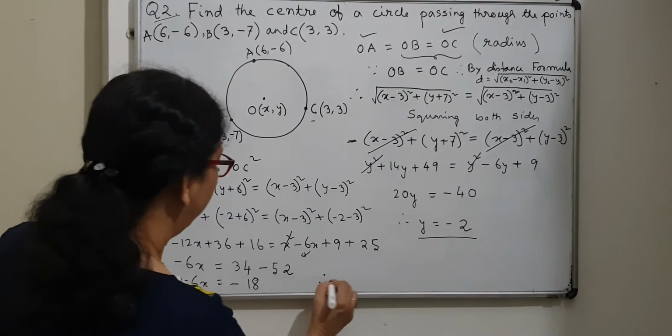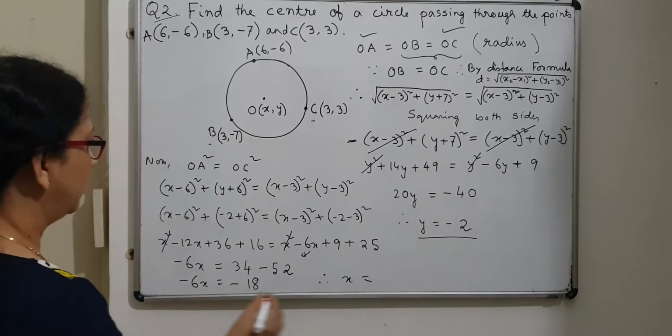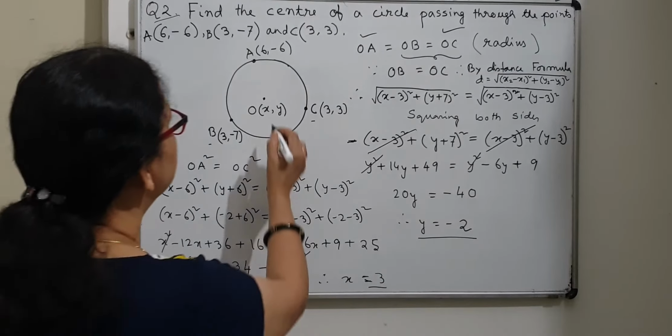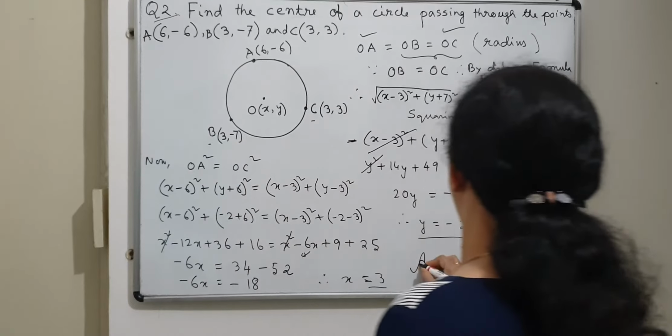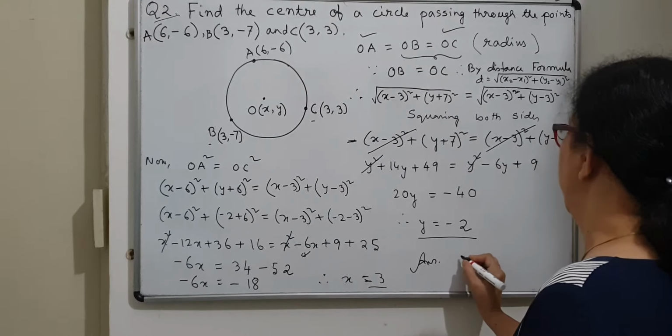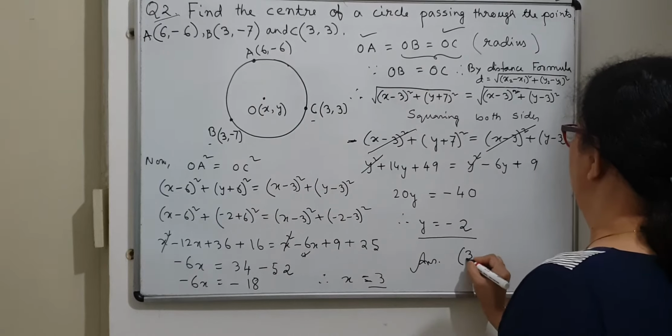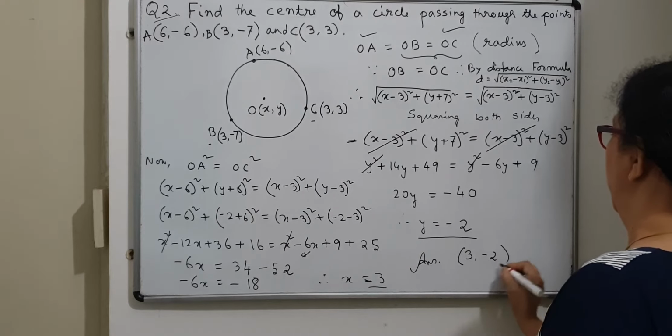Therefore x is equal to 18 by 6, which is 3. So therefore the answer, the coordinate of the center O, which was (x, y), is (3, minus 2).